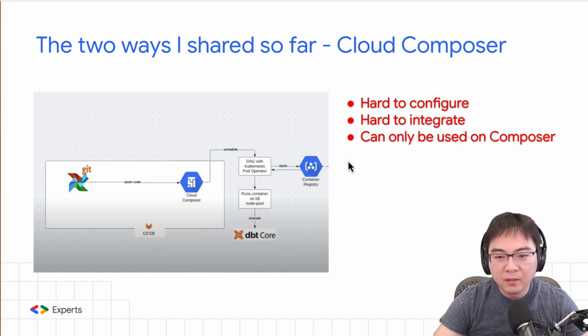And if you want to integrate with anything else, it doesn't really work because it's part of the Airflow ecosystem. You can only run it in Cloud Composer. Sure, your image is independent, but you have to configure it in a way that it has to run in Cloud Composer. And it's not the easiest way to test, right? If you try to trigger a job to simulate exactly how it runs on production, that's quite tricky, right? That's the first one I talked about.